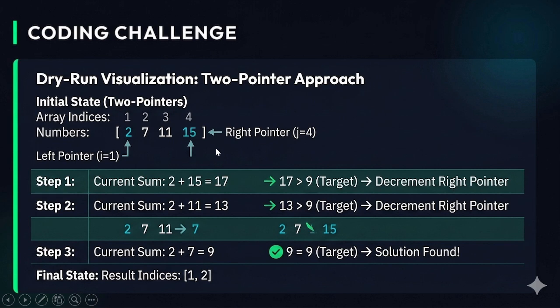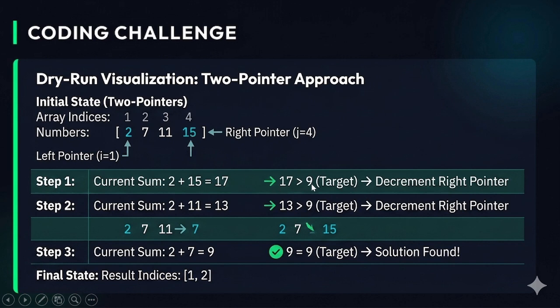To solve this question, we are keeping our i pointer at the start and the j pointer at the end. Then in the first step, what we are doing is 2 plus 15, that is 17.